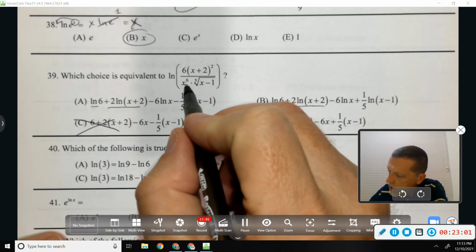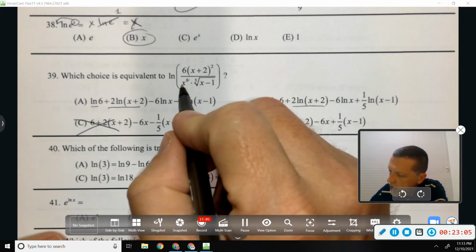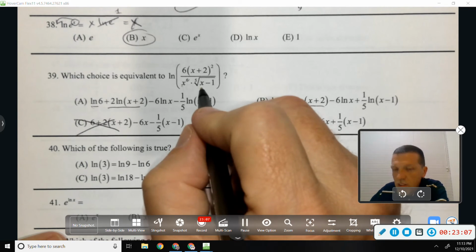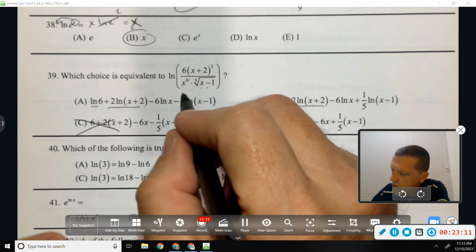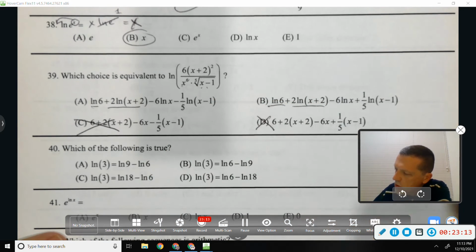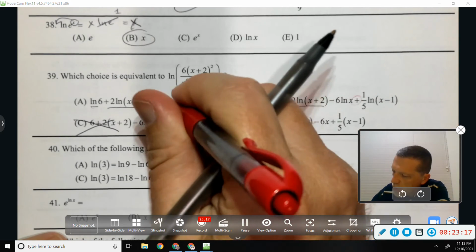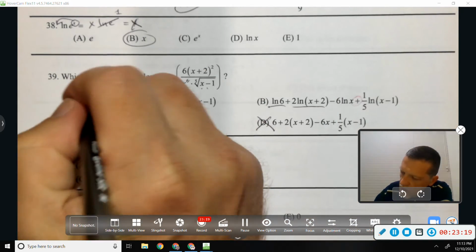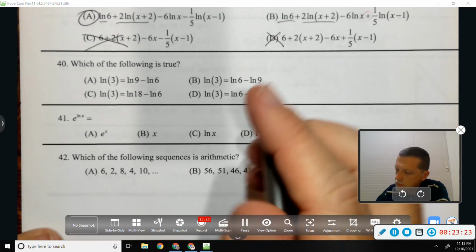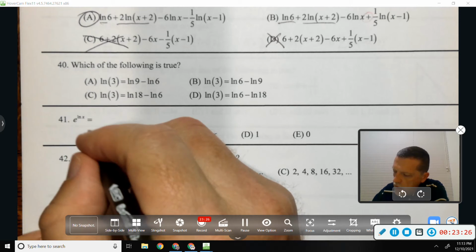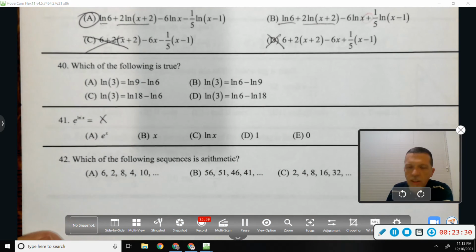And then in the denominator, so minus 6 ln x minus, because this is also in the bottom, that's a root of 5, so 1/5. The difference is the minus and plus. But they're both in the bottom, so they're both going to be minus. So the answer choice is A. e to the ln x. Well, e and ln kind of cancel each other out, so that's right back to x.